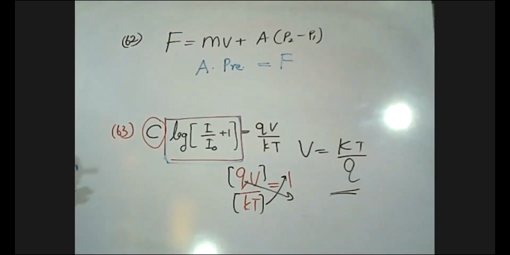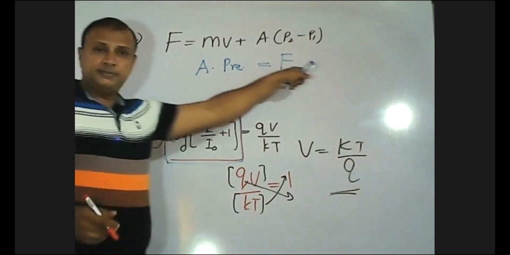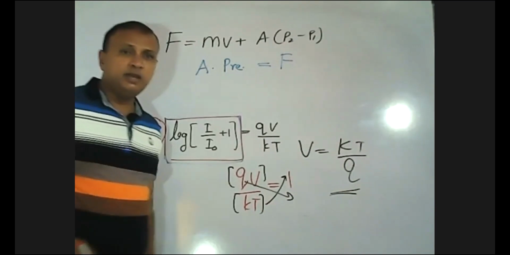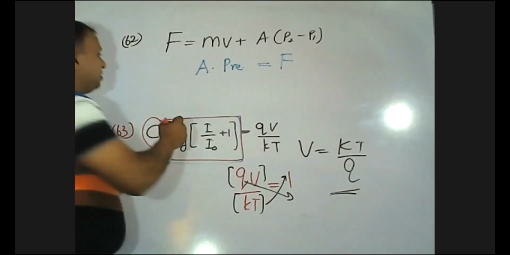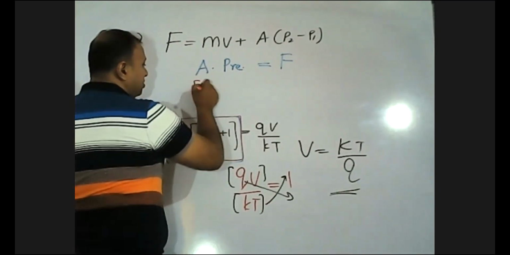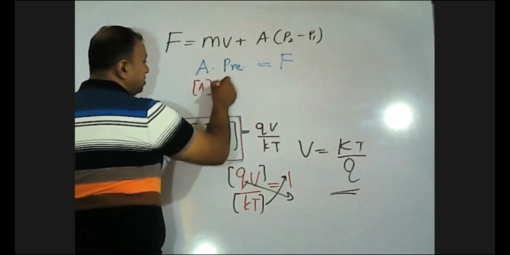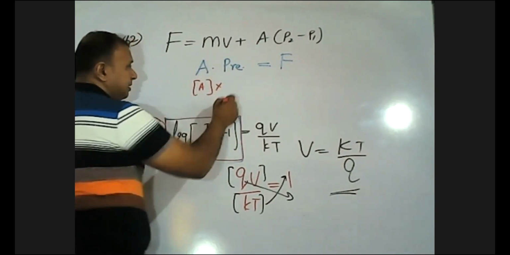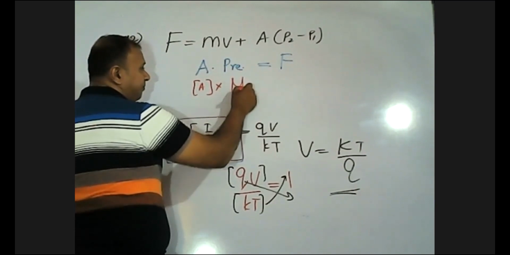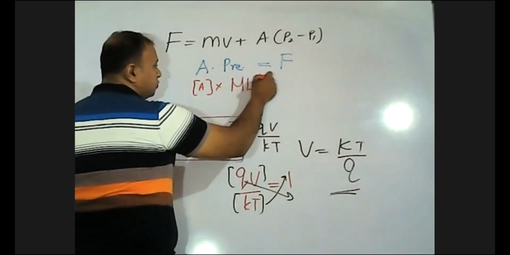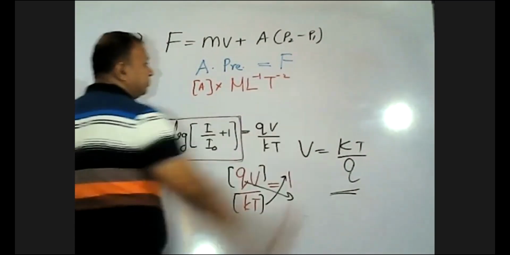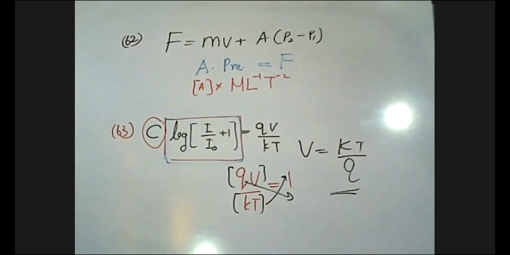Now you can substitute the dimensions of pressure and force. Then you can get the dimension of A. The dimension of A should be equal to the dimension of force over pressure. Dimension of pressure is M L minus 1 T minus 2.